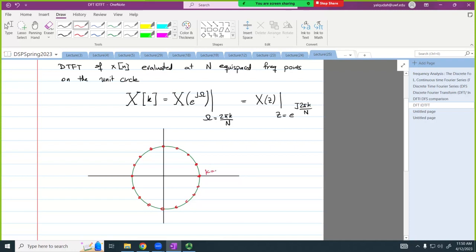This is k equals 0, k equals 1, k equals 2, all the way to k equals N over 2 at this point here, and k equals N minus 1.